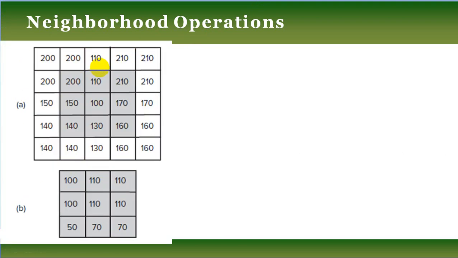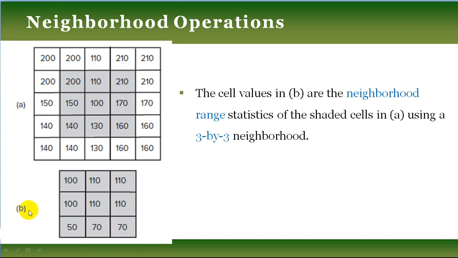Now another example: same, this is the input raster, this is the output raster. The cell values are the neighborhood range. In this case, neighborhood range statistics of the shaded cells in A using the 3x3 neighborhood.